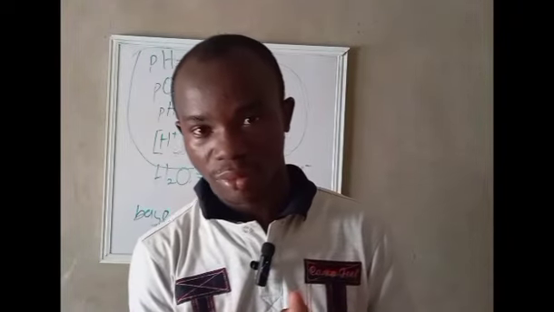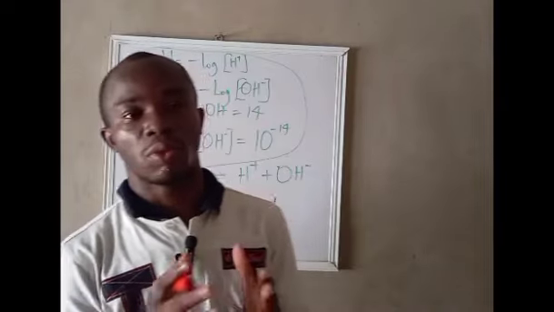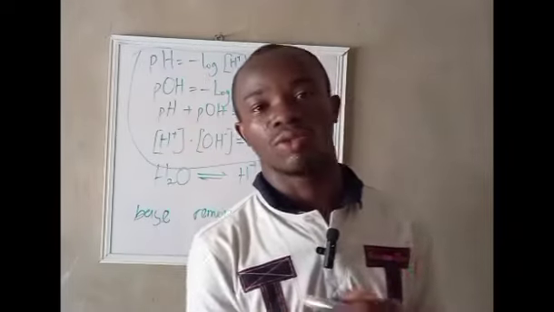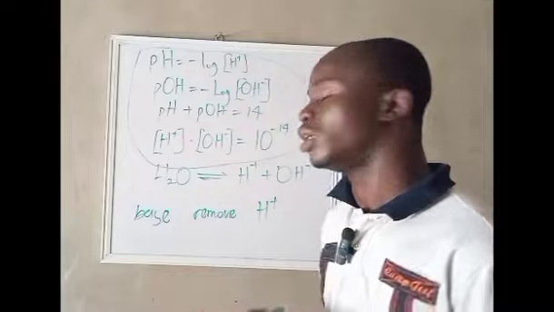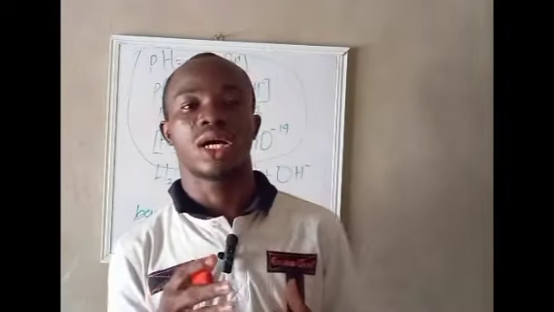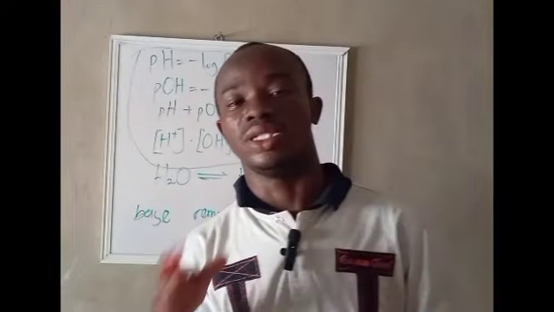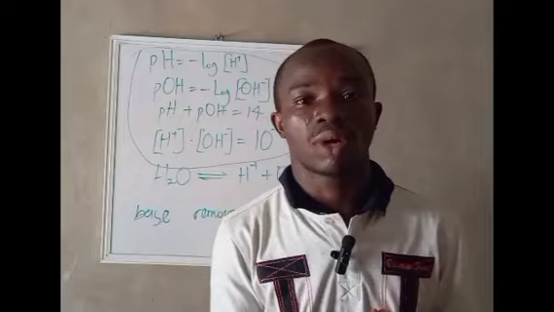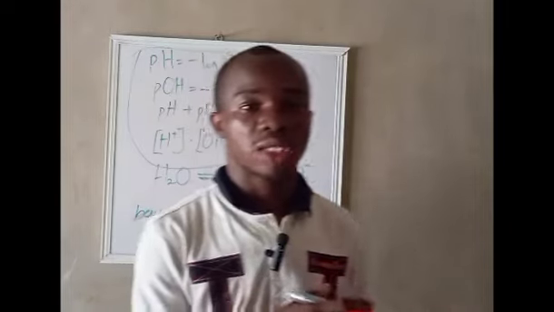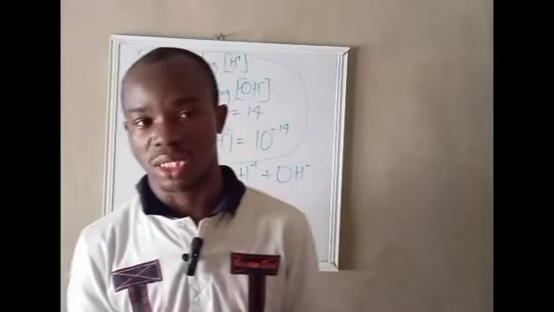And like I said, acid increases the amount of H plus in a solution, while base decreases the amount of H plus in a particular solution. Now, the next thing to talk about is that different acids and bases behave differently in a solution, and that is why we have what we call strong acid and strong base, and we also have weak acid and weak base.